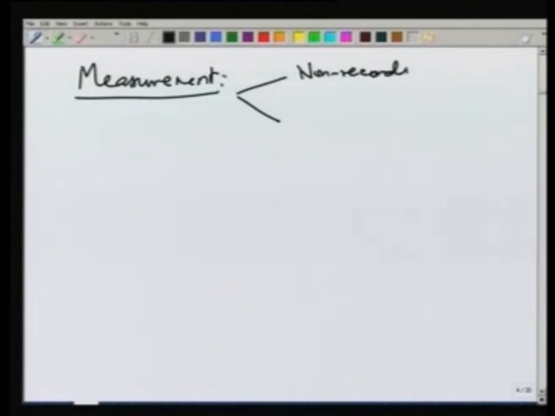So, after looking at various forms of precipitation, let us look at how to measure it and then how to analyze that data which is collected by measurement. So, let us first look at the measurement. Broadly, we can classify the measuring instruments as non-recording and recording.